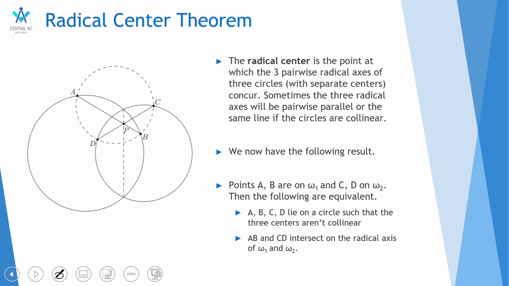Let's let these points be E and F. We see that AB is a radical axis, EF is a radical axis, and CD is a radical axis, and they all intersect at a point P. That point P is the radical center, and it must exist. These three radical axes must concur as long as the three circles have centers that are not on the same line.